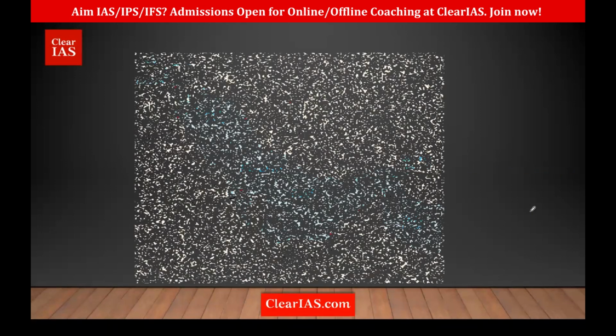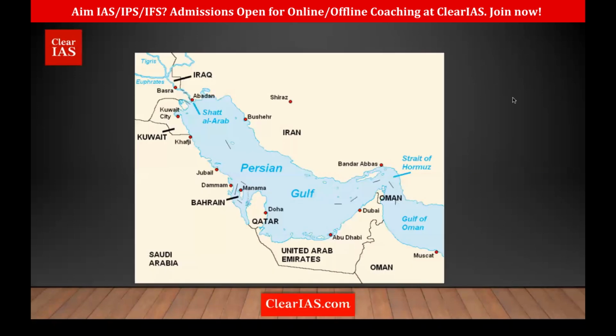It's because of the Persian Gulf that the Arab countries are called the Gulf countries. So here we have the Persian Gulf. On one side, we have all the Gulf countries except Yemen: Oman, UAE, Qatar, Saudi Arabia, Bahrain, Kuwait. All these are on the banks of the Persian Gulf.